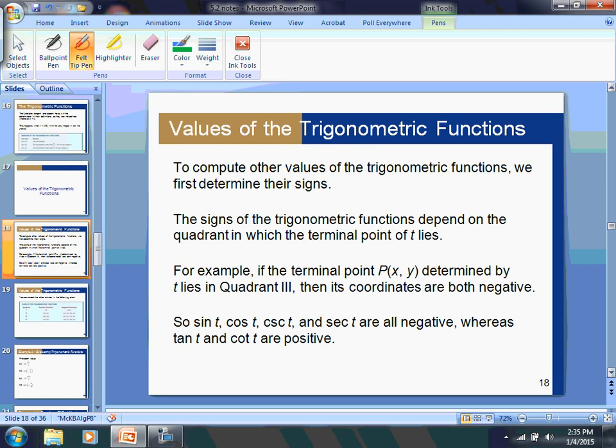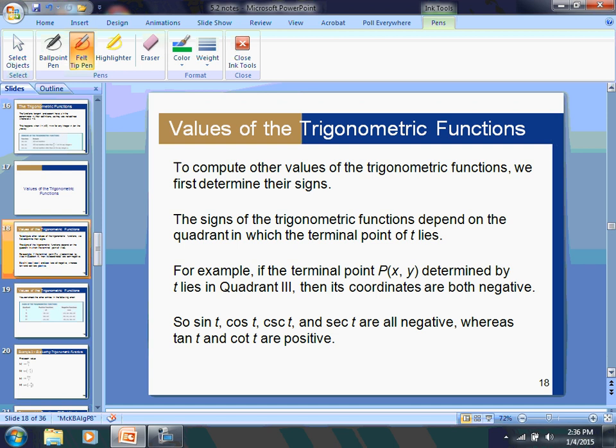Okay, so now we're going to do a few examples where we're actually going to find the values of some trig functions. And to compute the other values of trig functions, we have to basically find their signs. There's a couple different ways that you could do this. You could find the reference angle and then think about that value and then think about what quadrant you're in on the unit circle.